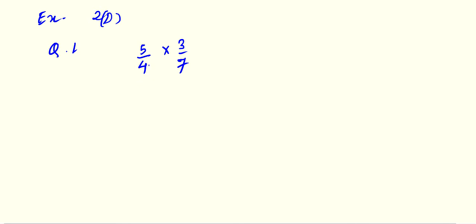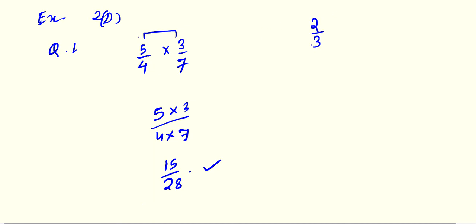So how will reduction happen? It happens from numerator to denominator. Same-side reduction does not happen. Here, 5 by 4 and 3 by 7: 5 and 7 have no relation, and 3 and 4 have no relation. So directly write 5 into 3 upon 4 into 7. 5 threes are 15, 4 sevens are 28. This is your required answer.